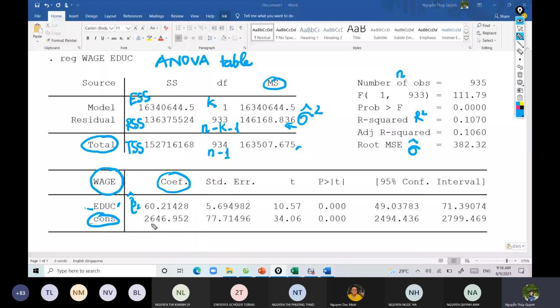Okay, this column stands for the standard error of the estimated coefficient, which is SE of the beta hat. This one is the SE of beta 1 hat, and this one is the standard error of beta 0 hat. Okay, this column we have not discussed yet, so we will not talk about it here. Now you have just found out the meaning of some numbers in the table.